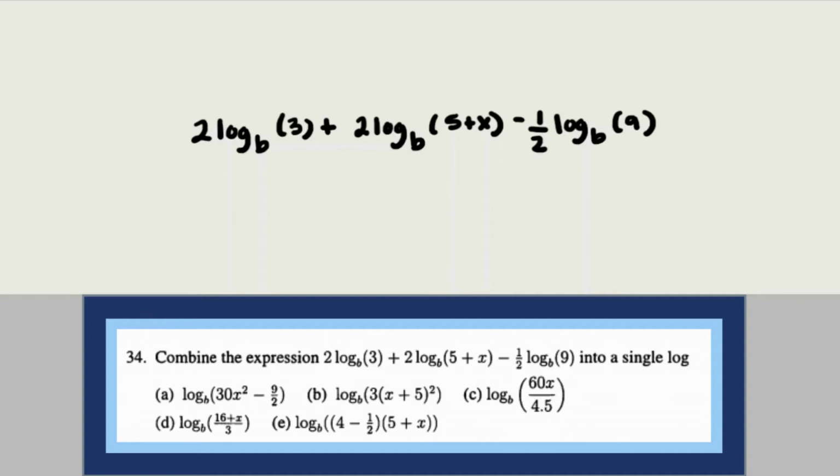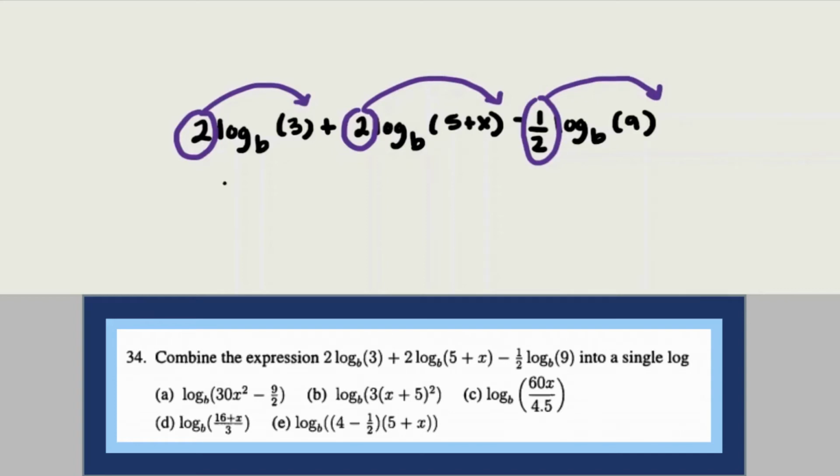So the first thing I want to do is, you see we have 2 log base b of 3 plus 2 log base b of 5 plus x minus 1/2 log base b of 9. So remember, when we have numbers in front of our logarithms, we can rewrite them to become the powers. So this 2 right here is going to go over here, and then this 2 here is going to go here, and then this 1/2 is now going to go over here.